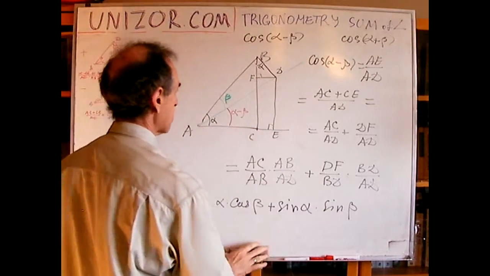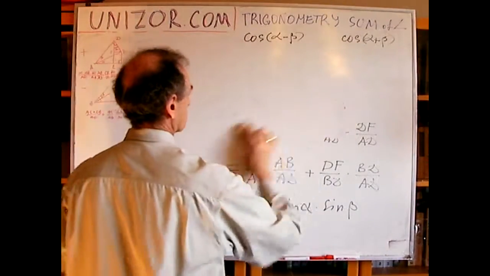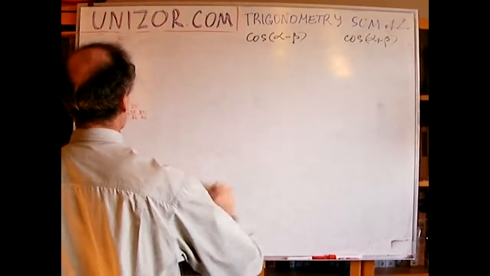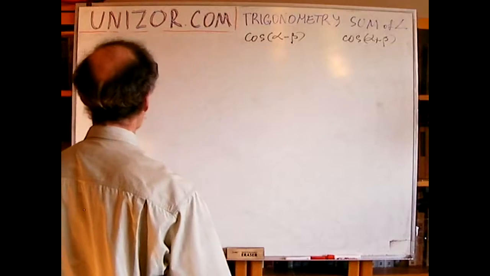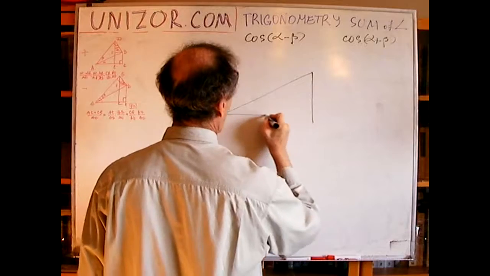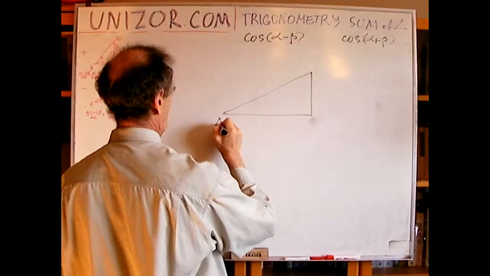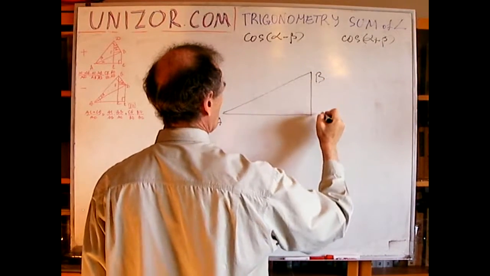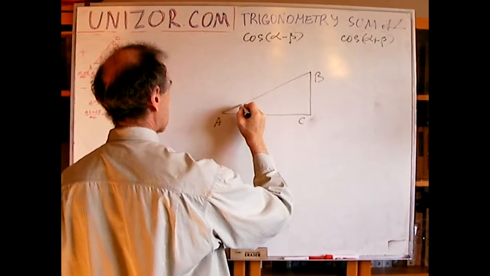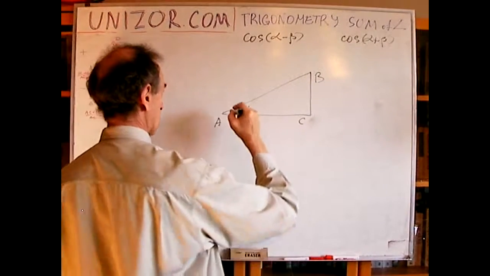Now, let's switch to the sum. Again, let's start with the triangle ABC. Right triangle. And in this case, this is angle alpha. In this case, we will add the angle beta, not subtract.